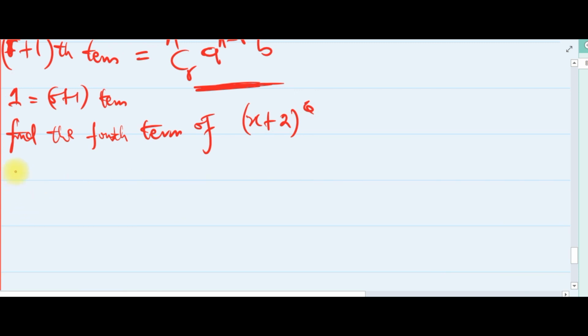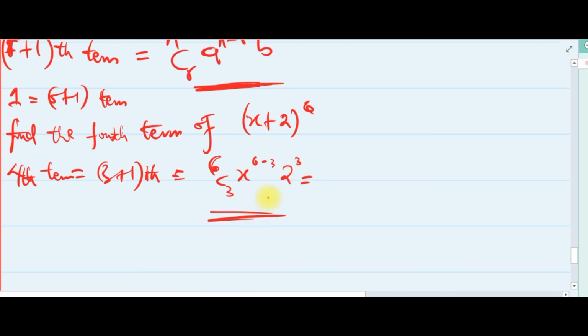No. You see that fourth term means 3 plus 1, so our r is 3, and our n is 6. So 6 combination what? 3. Our a is x, so x raised to the power what? Remember, 6 minus 3. And finally 2 raised to the power 3. So that's our fourth term.